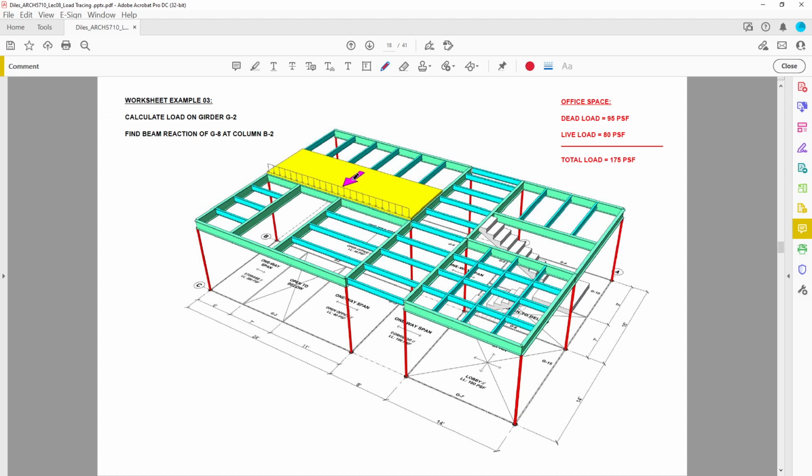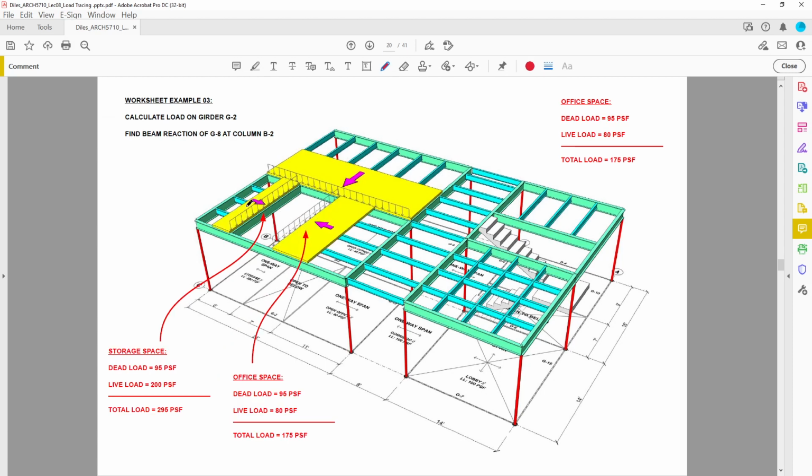Okay, so what are the tributary areas for girder G2? We have one tributary area from the office space to the north, which is coming in like this, producing a continuous load along the top. Then we have 2 point loads coming from girder G11 and G12.